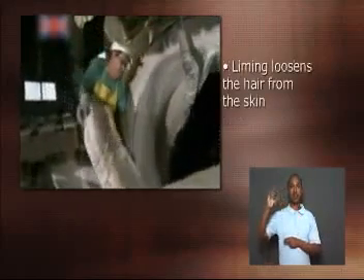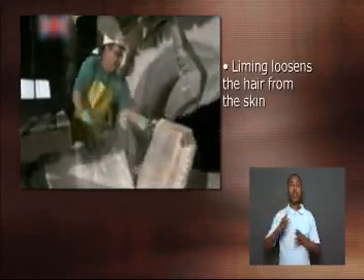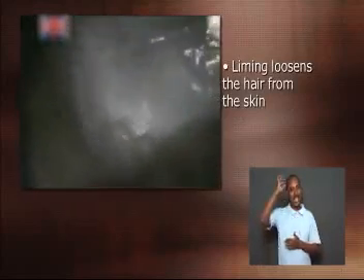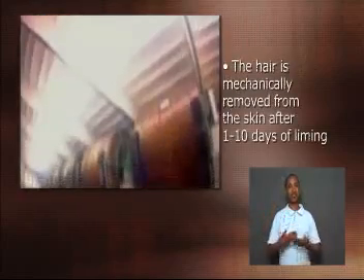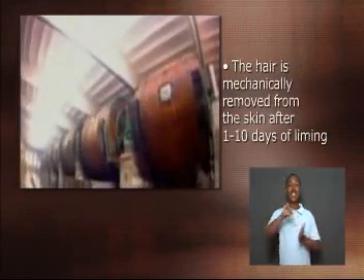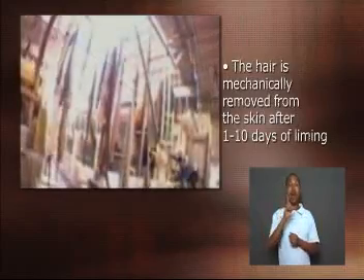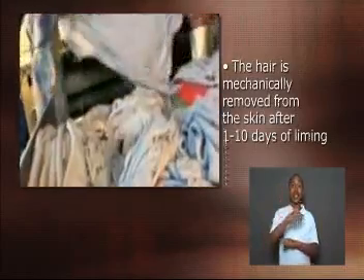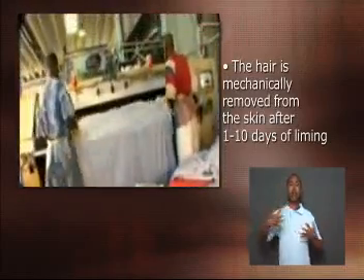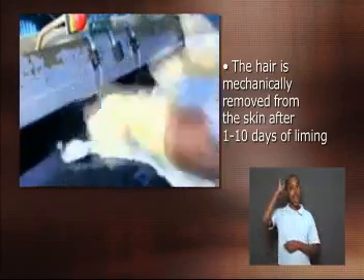Liming loosens the hair from the skin and makes removing the hair much easier. After soaking for 1 to 10 days, the hide is taken out of the mixture and the hair is mechanically removed.